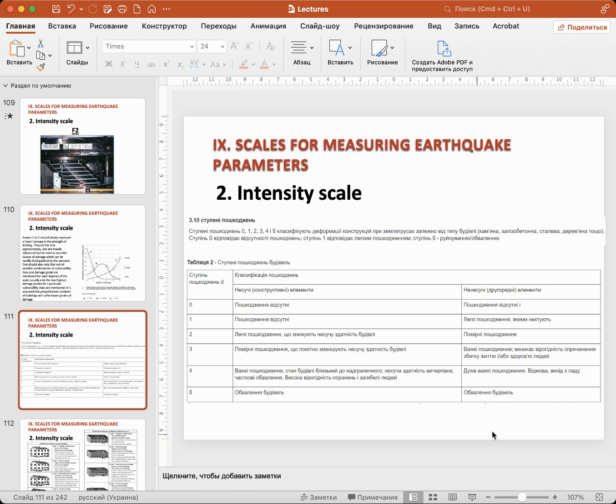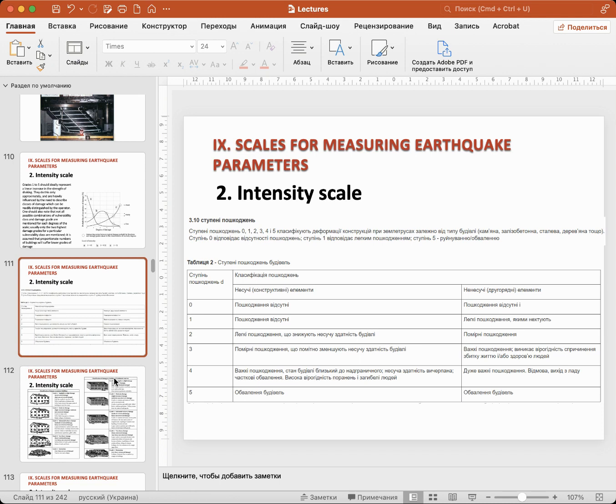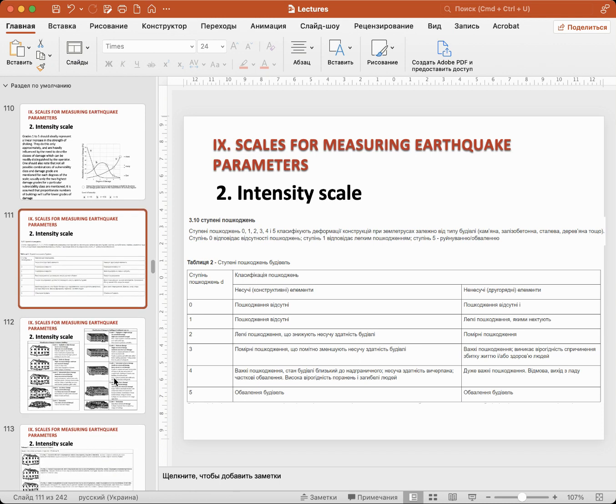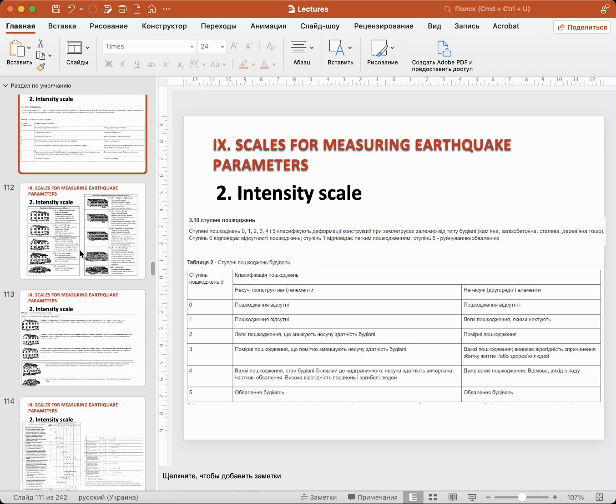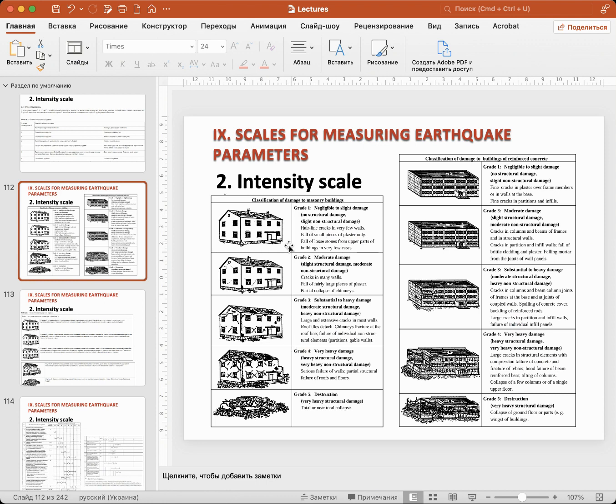For example, the third level is average damage which decreases the load-bearing capacity of the building, and significant damage which can lead to collapse of the structure, which can impact human health.